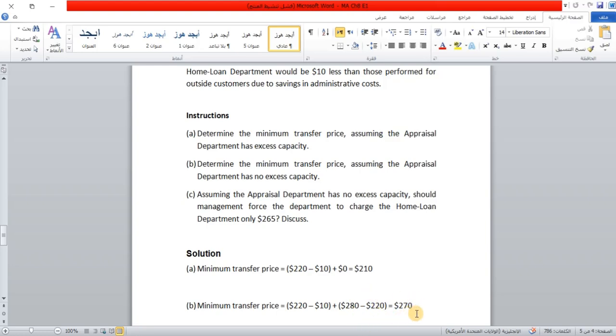So 210 plus 60 equals $270 minimum transfer price.